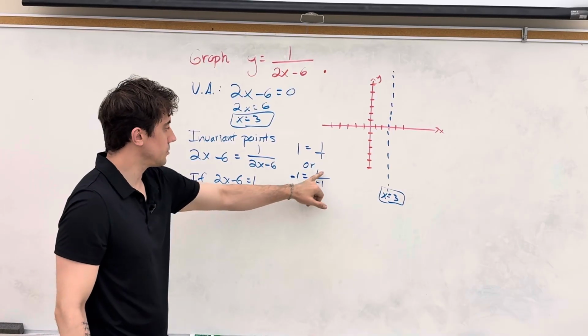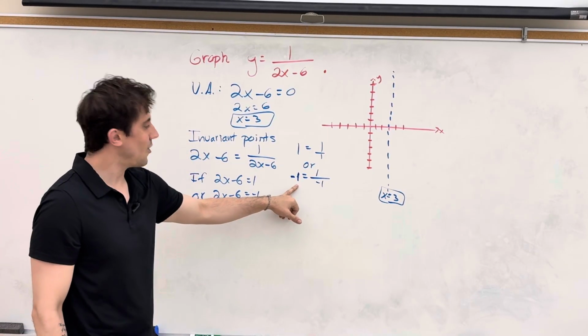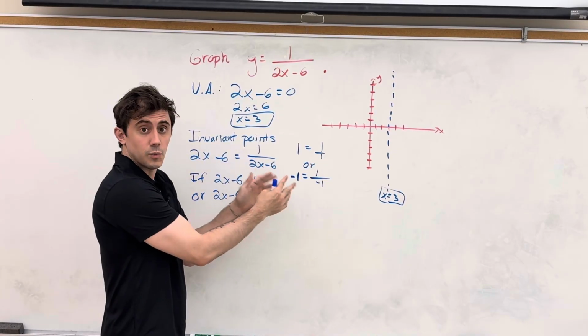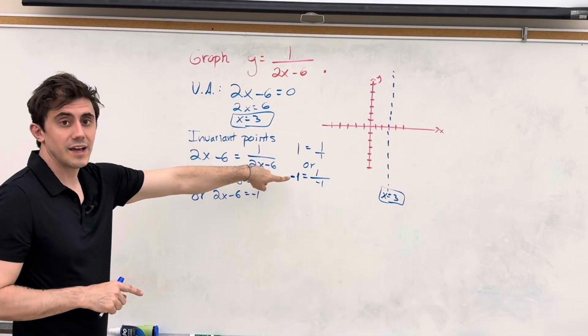Negative 1 is always equal to positive 1 divided by negative 1. Those are the only values for which that's true. There's nothing else where that is true.